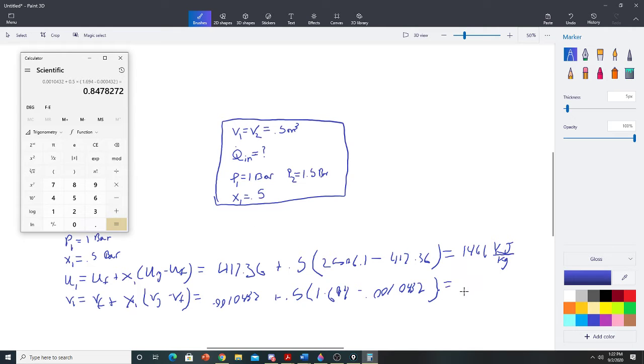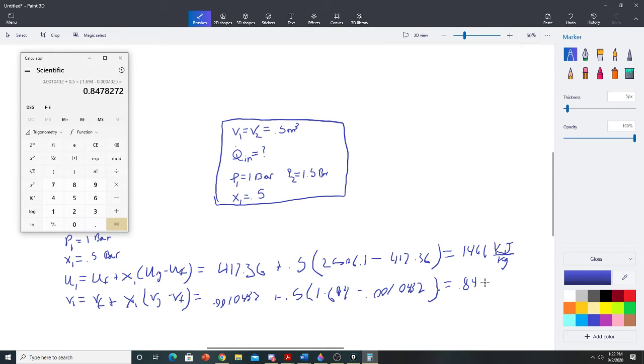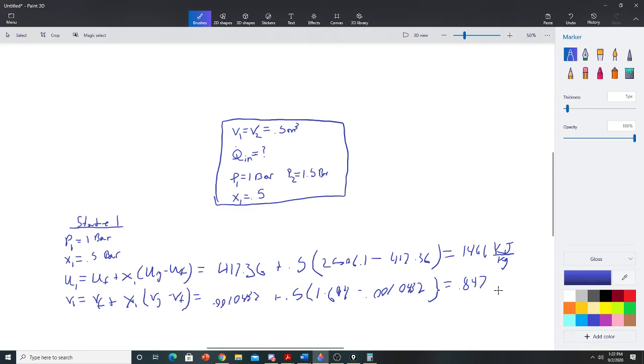And you get the specific volume to be 1.847 meters cubed per kilogram. Okay. So these right here are our two numbers for state one. We have the internal energy now and the specific volume now. Okay?